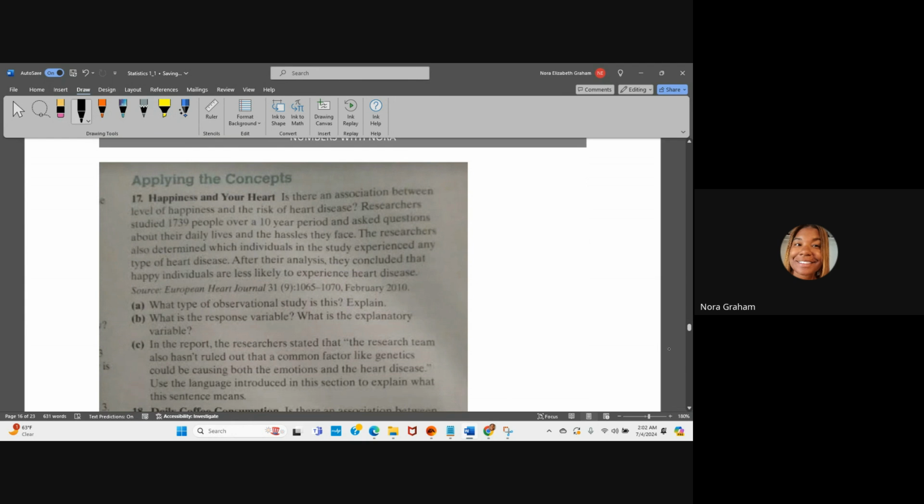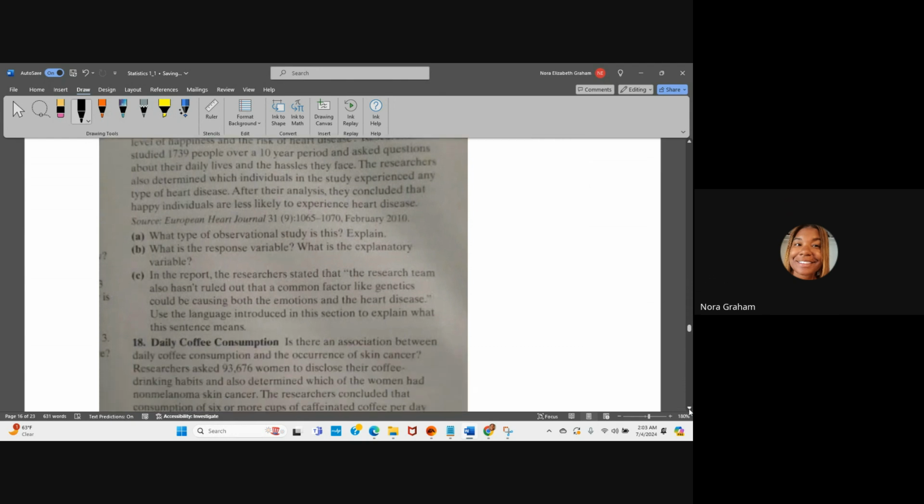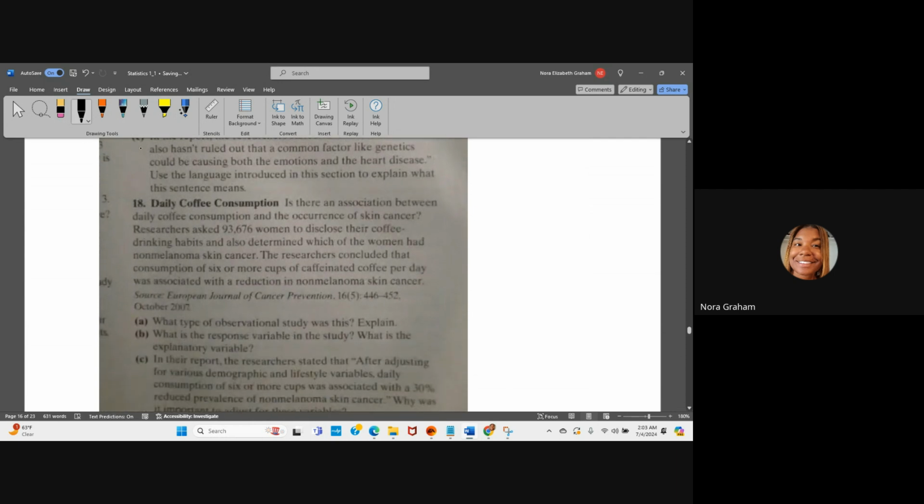For this one, I'm only going to do 18 and 20. If you want to see the other ones, leave a comment and I will give you the answers for those ones. So right now, let's focus on 18 and what they're asking us.